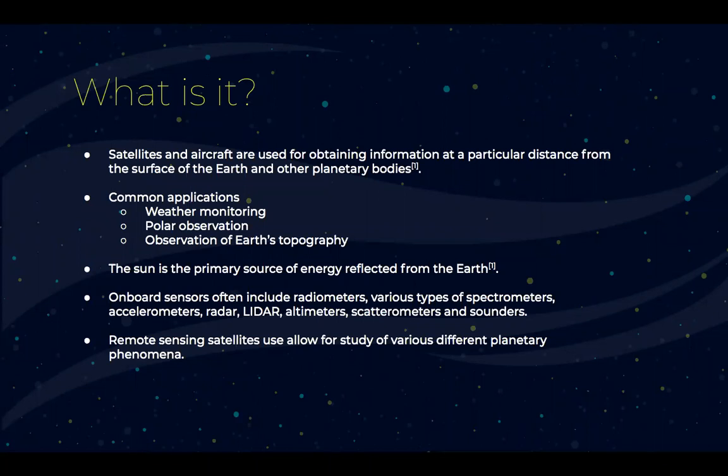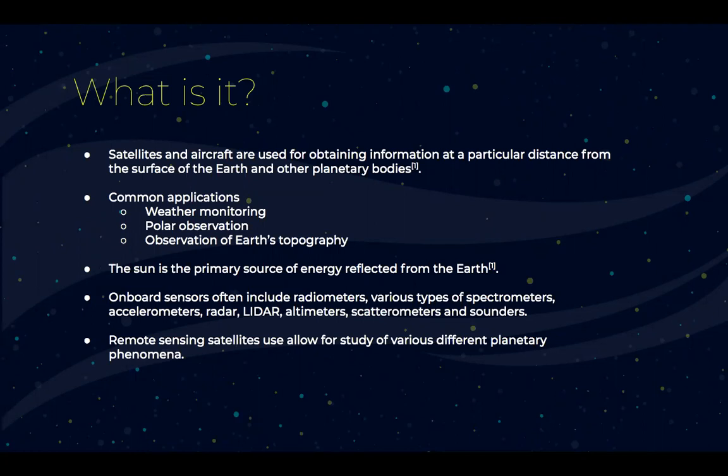So, what is it? Remote sensing is a technique to obtain information on the surface of planetary bodies at a particular distance with the use of satellites and aircraft. Common applications include weather monitoring, polar observation, and mapping the Earth's topography using electromagnetic waves.